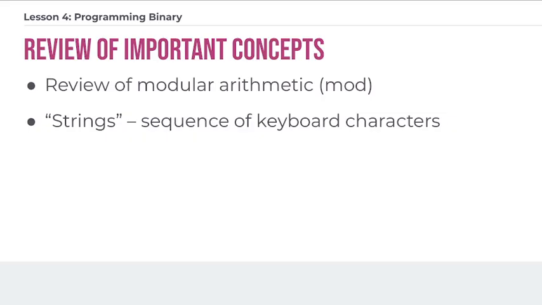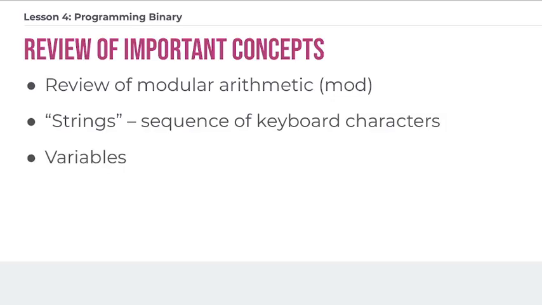We can do something called joining or concatenating, but in Scratch you use the word join. We can concatenate keyboard characters together to make strings, and the computer treats those as just text, not a number.